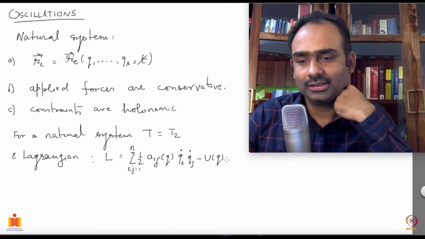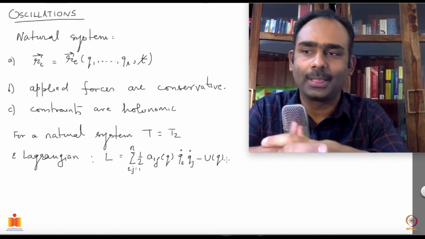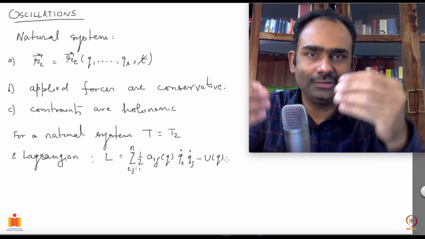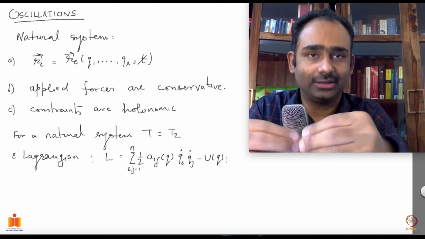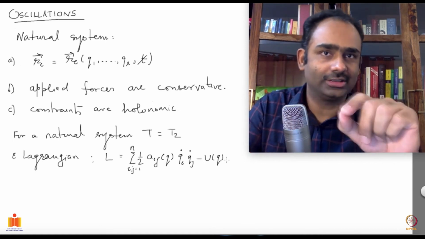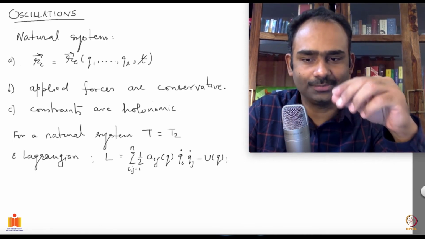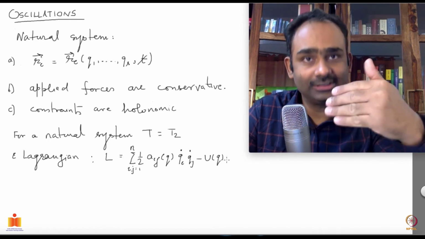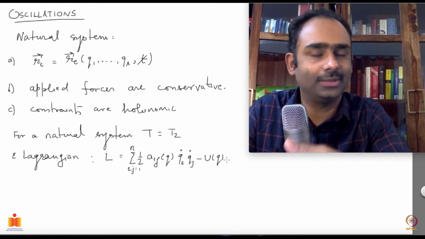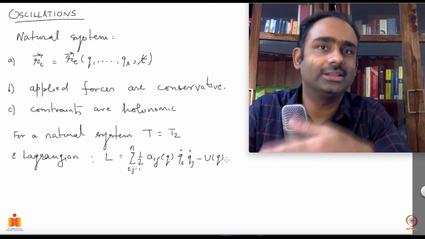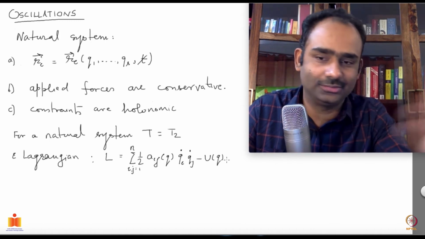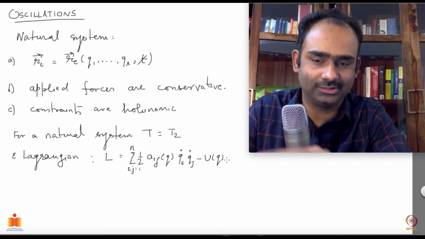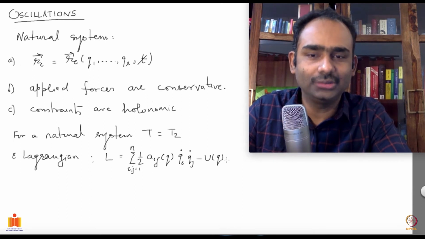Usually your system would have an equilibrium configuration, meaning if you put your system at rest, so let's say all the generalized velocities are 0, and if you put your system in such a configuration, and if the system remains in this configuration, meaning all the generalized velocities remain 0 with time, so they do not change, then you say that the system is in an equilibrium configuration.